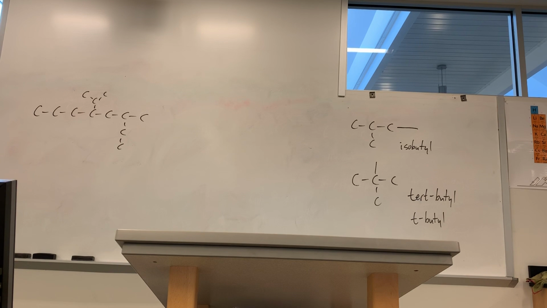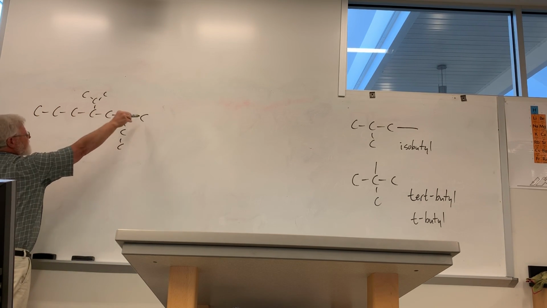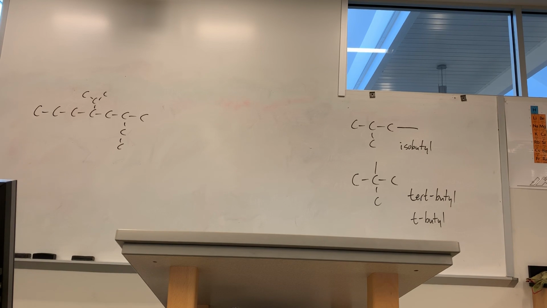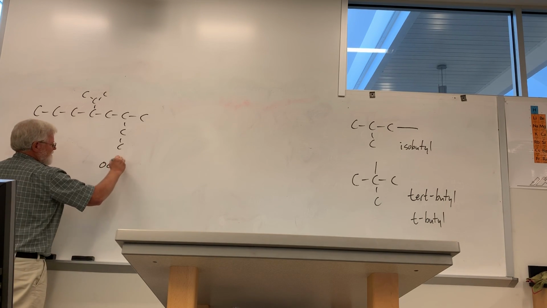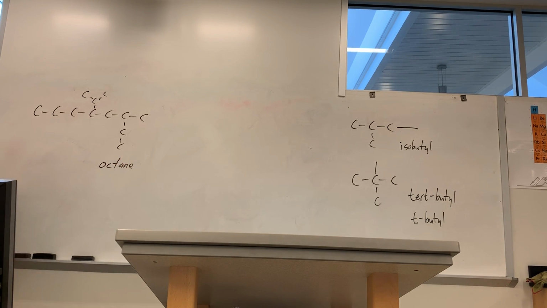Octane. 1, 2, 3, 4, 5, 6, 7. Heptane. It's octane. Those of you that said octane, absolutely correct. The longest continuous chain is that. The fact that I didn't draw it as a nice little straight line is absolutely irrelevant.